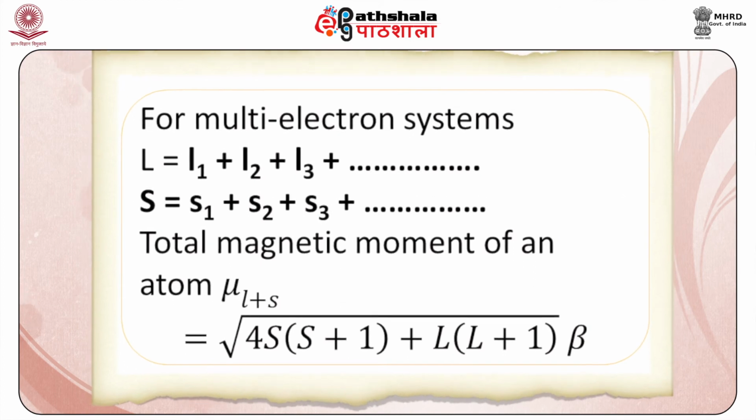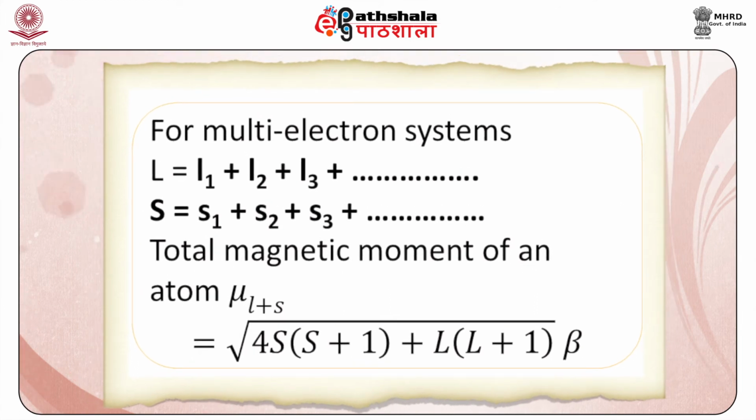For a multi-electron system, capital L = l1 + l2 + l3 + and so on, and capital S = s1 + s2 + s3 + and so on. So the total magnetic moment of an atom becomes μ(L+S) = √(4s(s+1) + L(L+1)) β.